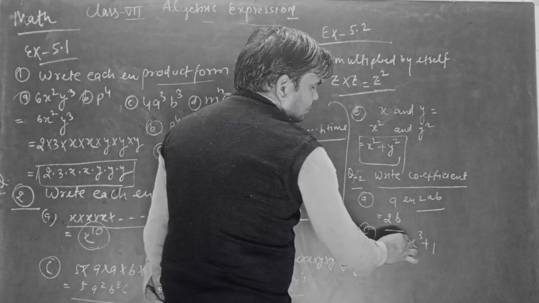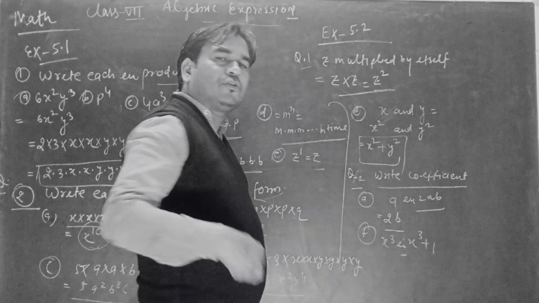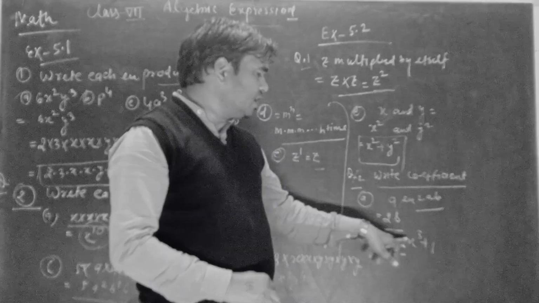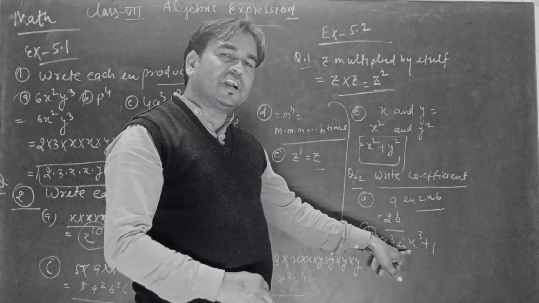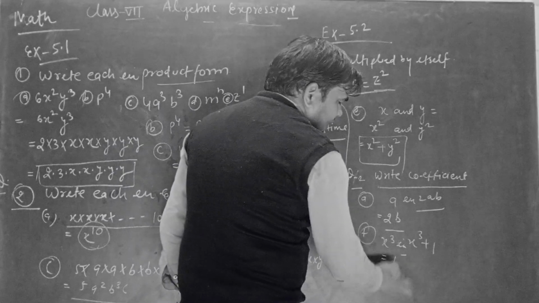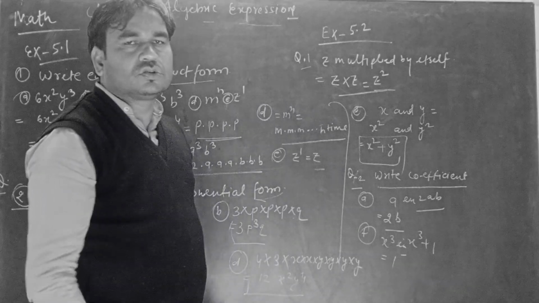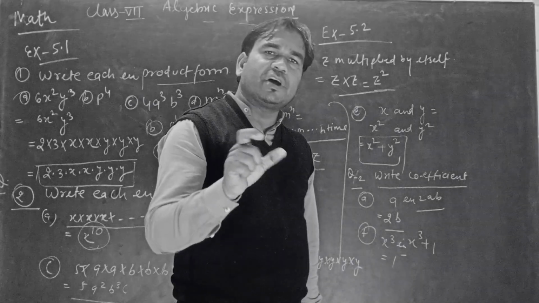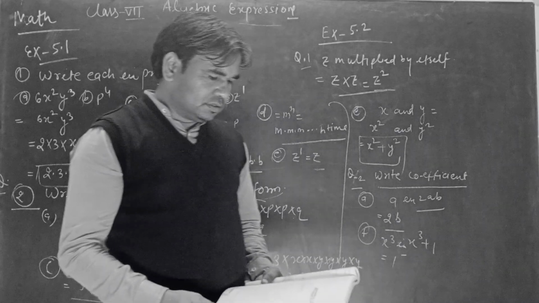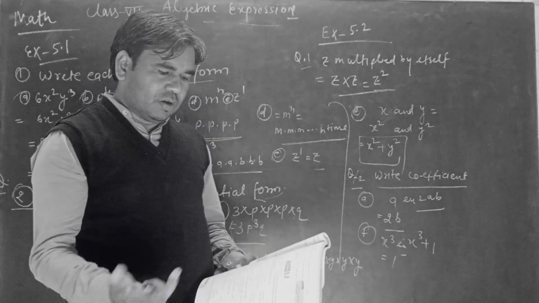Here we have to write the coefficient of x cube, that is 1. So the product number is called the coefficient. You can do all the parts.